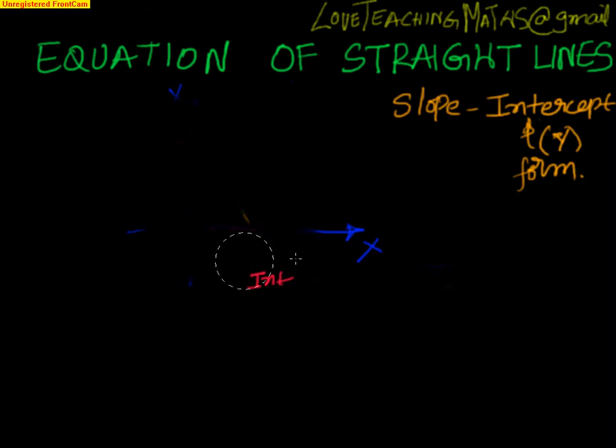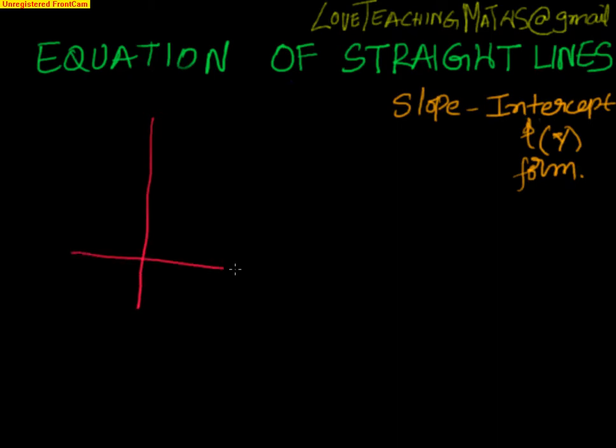Let me draw this again for this particular equation. Now we know what an intercept is, and I said here it is the y-intercept. This is my x-axis, this is the y-axis. I have been given the y-intercept, so the line will go like this.